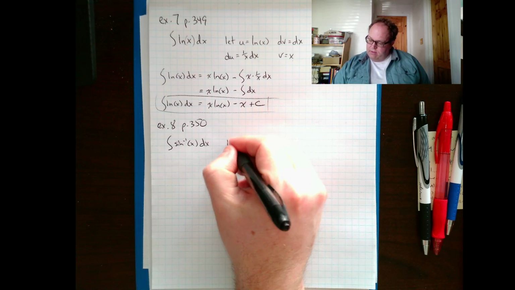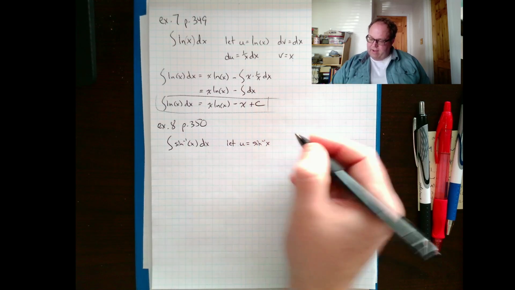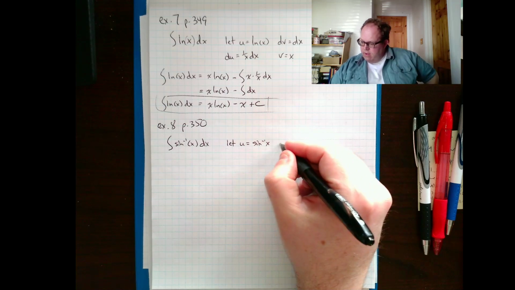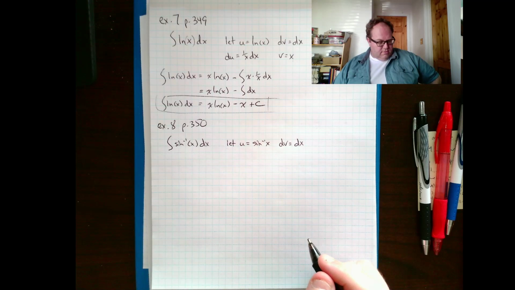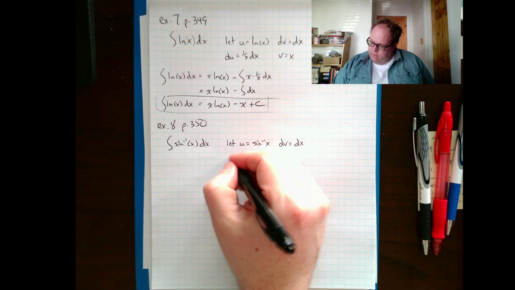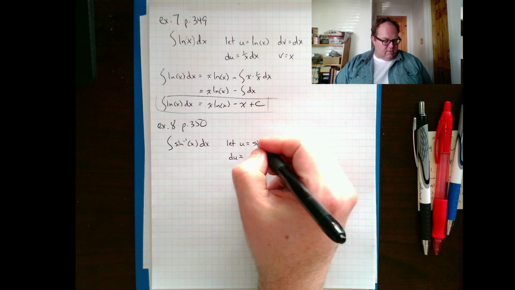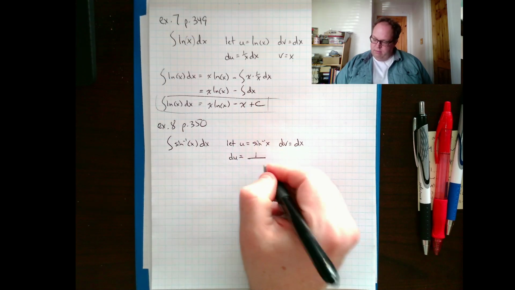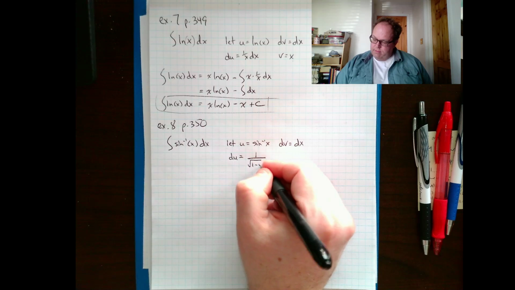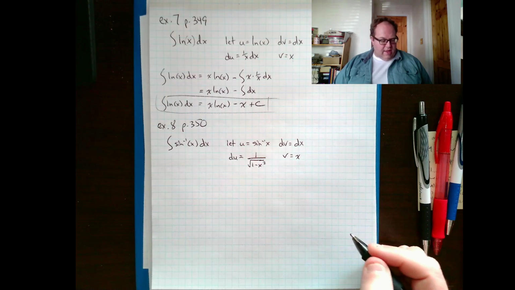If we let u equal inverse sine of x and dv equal dx, then you might recall from before the derivative of the inverse sine of x comes out to 1 over root 1 minus x squared, and v in this case would simply equal x.